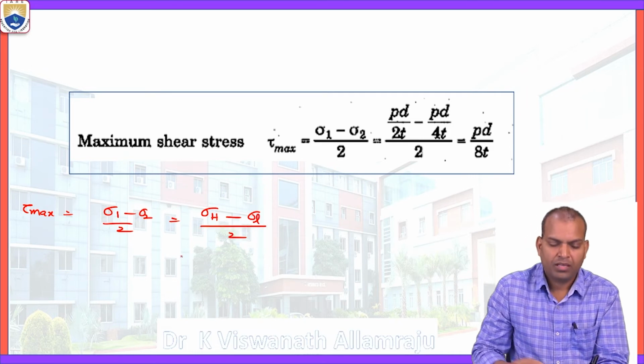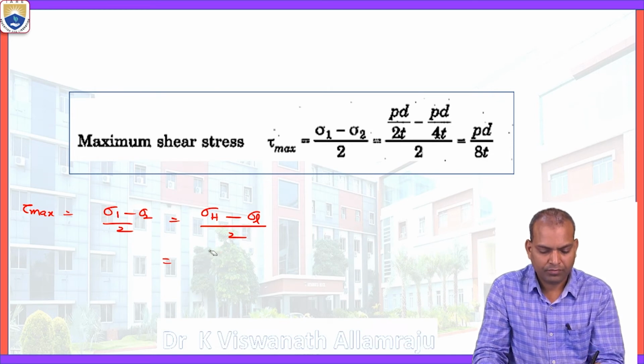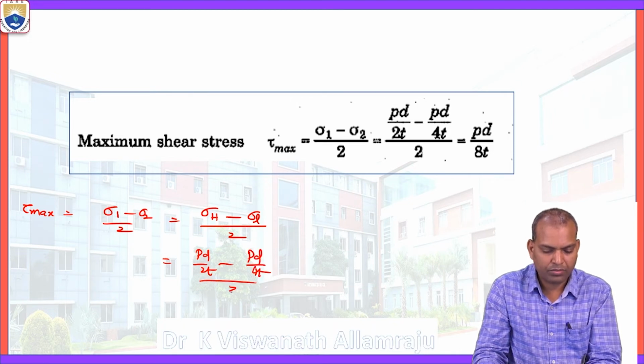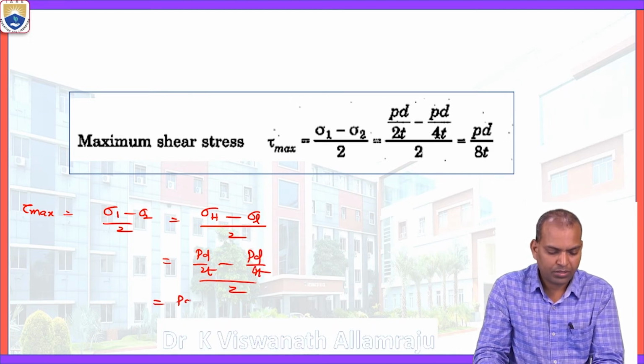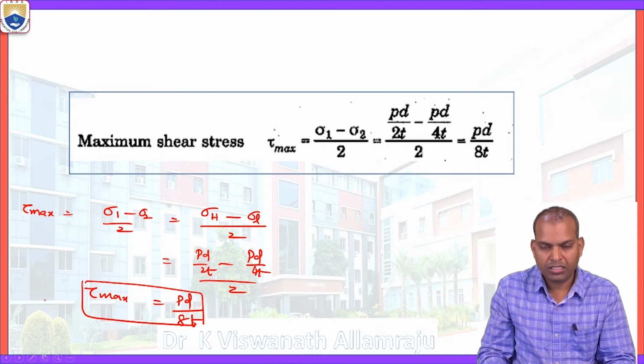So sigma h is PD by 2T minus PD by 4T, all divided by 2. The final result is PD by 8T. The maximum shear stress is PD by 8T.